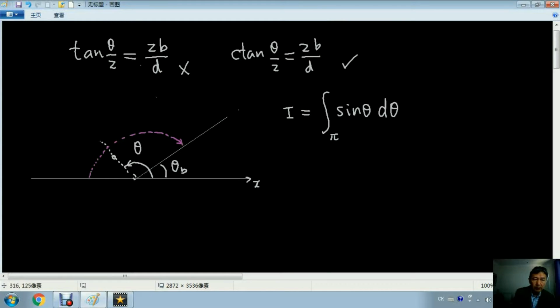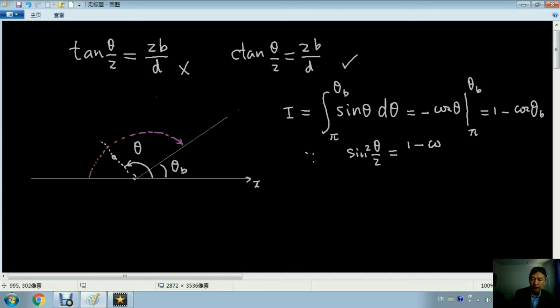This means it's from pi to theta b, and that will give us negative cosine theta from pi to theta b, and that will give us 1 minus cosine theta b, because sine square half theta will equal 1 minus cosine theta b divided by 2.